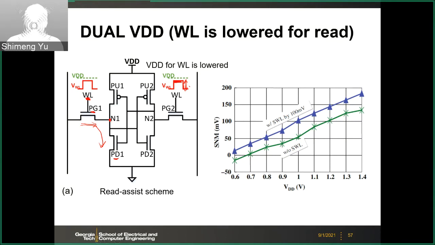Any idea? If you lower down the wordline voltage too much, any idea? The read speed will be sacrificed. The read speed will be longer, right? Because the current flowing through PG1 determines the read speed.